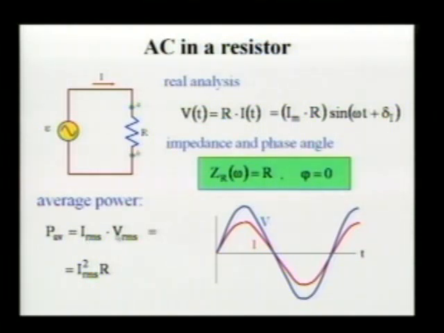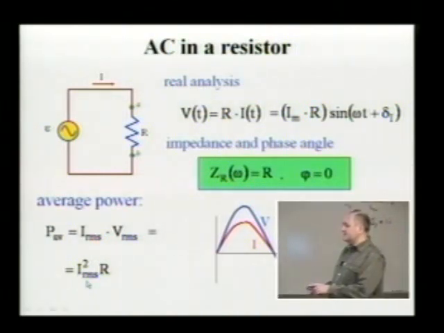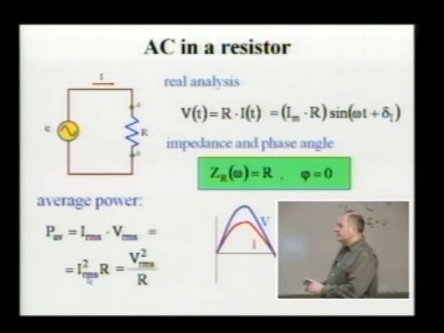In a resistor, root mean square value has such a physical sense that it is like a constant voltage and current flowing through the resistor, which will produce the same effect as alternating current. And indeed we can express it using Ohm's law. We can relate root mean square value of the current and root mean square value of the voltage.